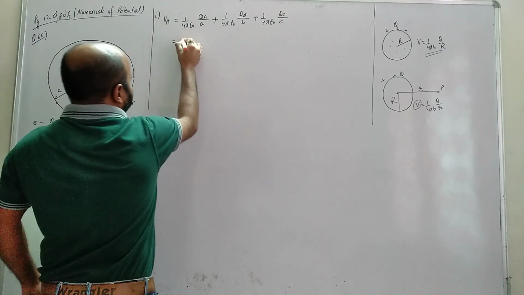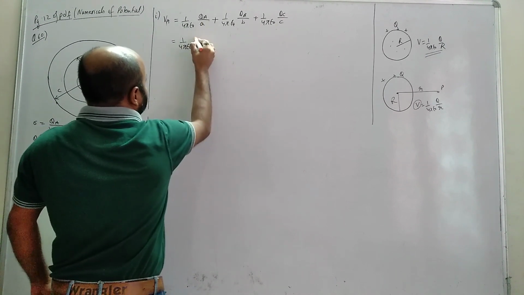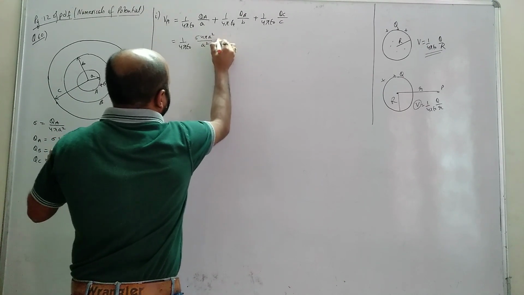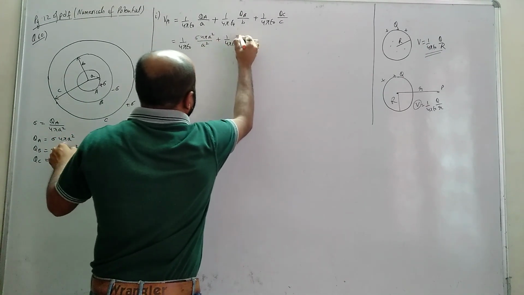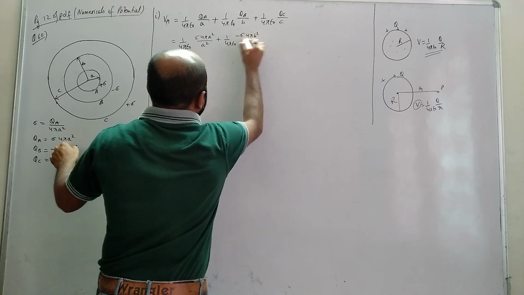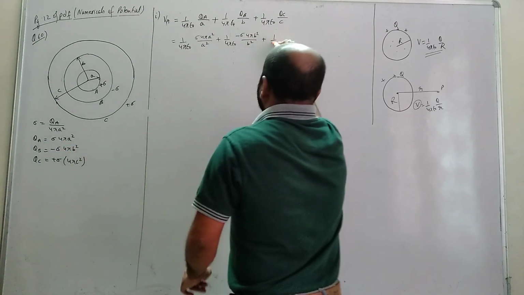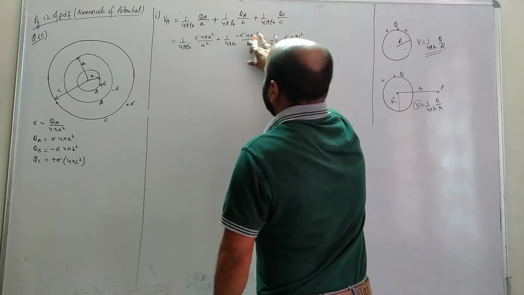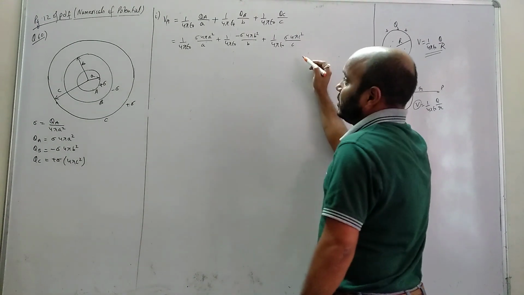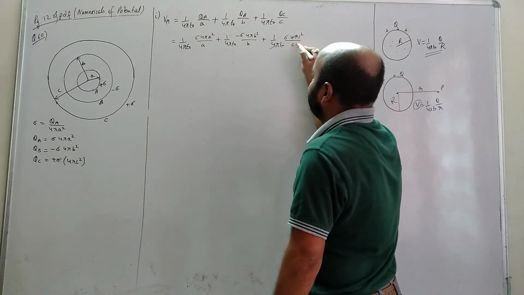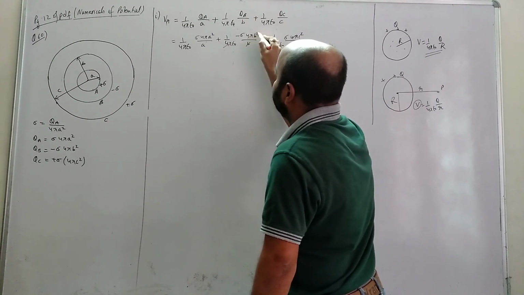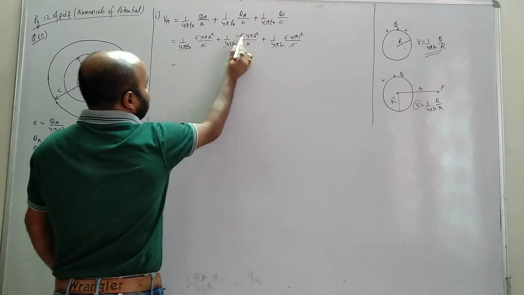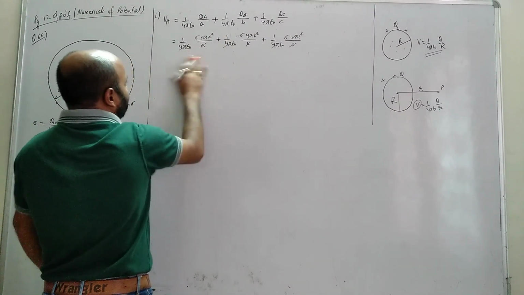Okay, now we can put the formulas. 1 by 4 pi epsilon. What is QA? We know this, sigma into 4 pi A square by A, plus 1 by 4 pi epsilon minus sigma into 4 pi B square by B, plus 1 by 4 pi epsilon sigma into 4 pi C square by C. Not B square, sorry, A only, by C. Cancelling out 4 pi, C, 4 pi, B, 4 pi, A. So now see, sigma by epsilon is coming out common in all the three expressions.